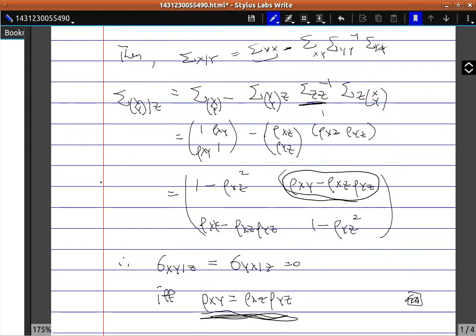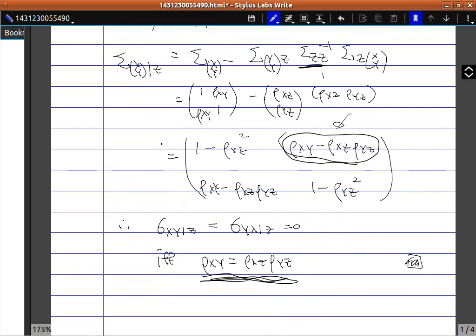And for Gaussian random variables, uncorrelated is the same as independence. Therefore, when this is 0, x and y are uncorrelated, and this also implies that they are independent given the condition z, given the information z. So okay, that's all for me today.